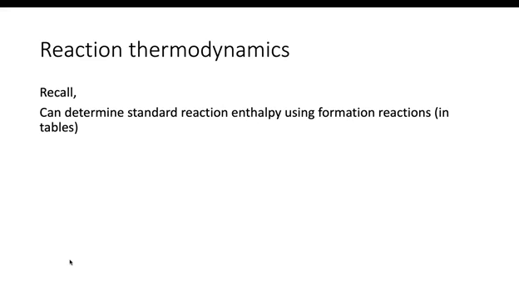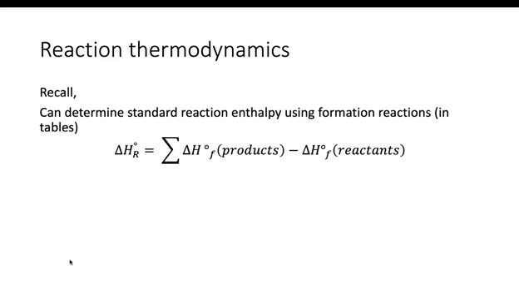All right, so let's look at reaction thermodynamics, so relate this to chemical processes. And remember from last semester when you were doing heat and calorimetry, you can determine the standard reaction enthalpy using sets of formation reactions. There were several ways that you could determine these delta H's, but the easiest one was by formation reactions because there are tables and tables of them.